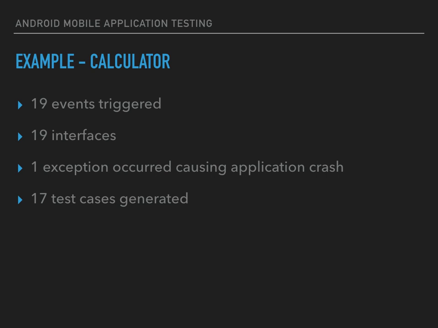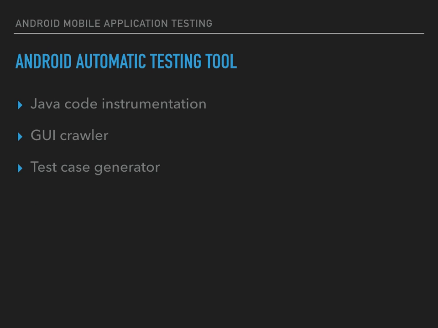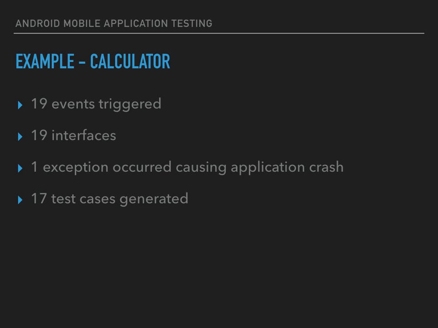we get interfaces as well as transitions, which are our events. Now, in this particular example, the calculator, after this application was run through the Android automated testing tool, there were 19 events triggered, 19 interfaces, which you can kind of see right here, and I'm going to go to that slide next.